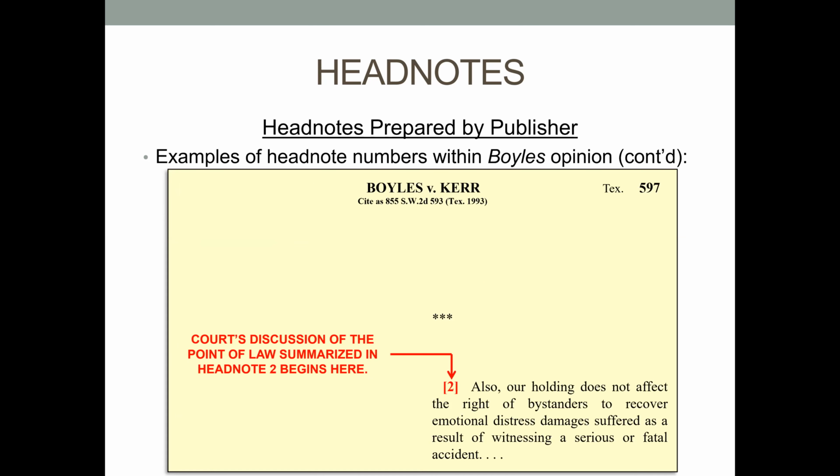And then later in the opinion, you'll finally come to a square bracketed number 2. Again, that's showing you that here is where the court is beginning its discussion of the point of law summarized in headnote number 2, and so forth.